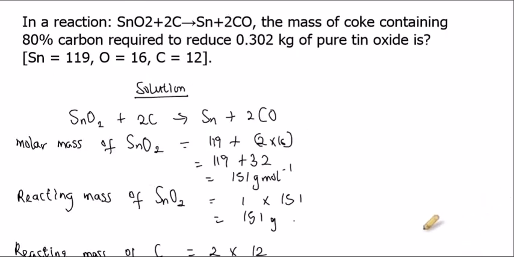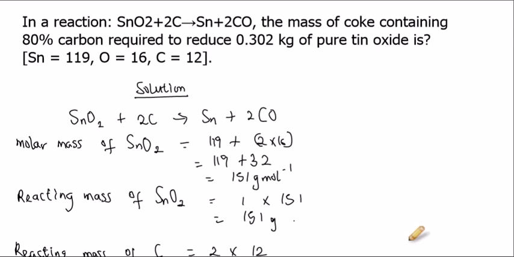Now that we've gotten the mass of carbon present in the coke that took part in the reaction, let's come back to see what exactly we are asked to do in the question. It said we should determine the mass of coke containing 80% of carbon. That means the coke contains 80% of carbon, and now we've determined the mass of carbon present to be 48 grams. So what is the mass of the coke?